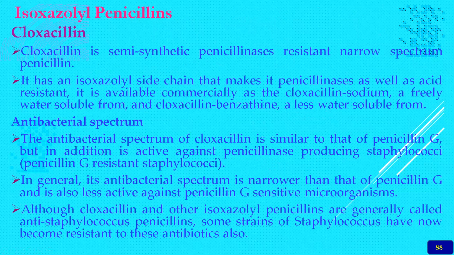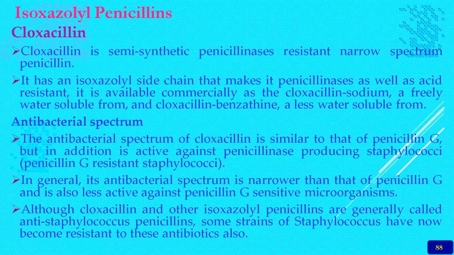The first drug is the isoxazolyl penicillin, cloxacillin. Cloxacillin is a semi-synthetic penicillinase resistant narrow spectrum penicillin, effective only against gram-positive bacteria, including beta-lactamase producing bacteria.